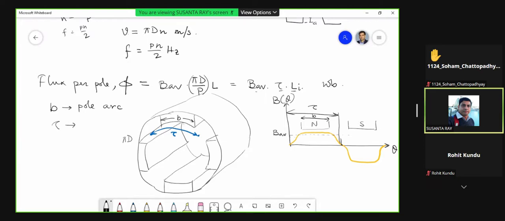In the experimental study of DC AC machine, you measured the ratio pole arc by pole pitch, if you can recall. There is always a ratio less than 1, that is psi, that is B by tau. Sometimes it is referred to as a form factor, and its value we take near about 0.67. So this concept you should have.